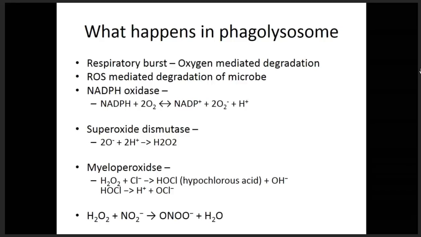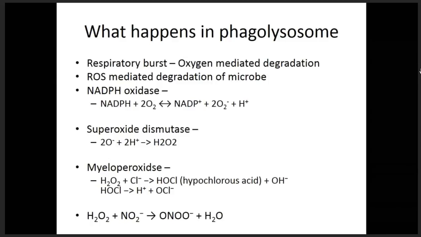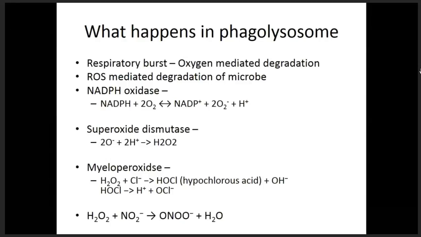The hydrogen peroxide can also react with nitric oxide to form ONOO minus, which again is an extremely potent free radical which can result in degradation of the microbe. So in your essay you need to talk about respiratory burst and take me through the enzymes and the free radicals that contribute to degradation of the bacterial component.